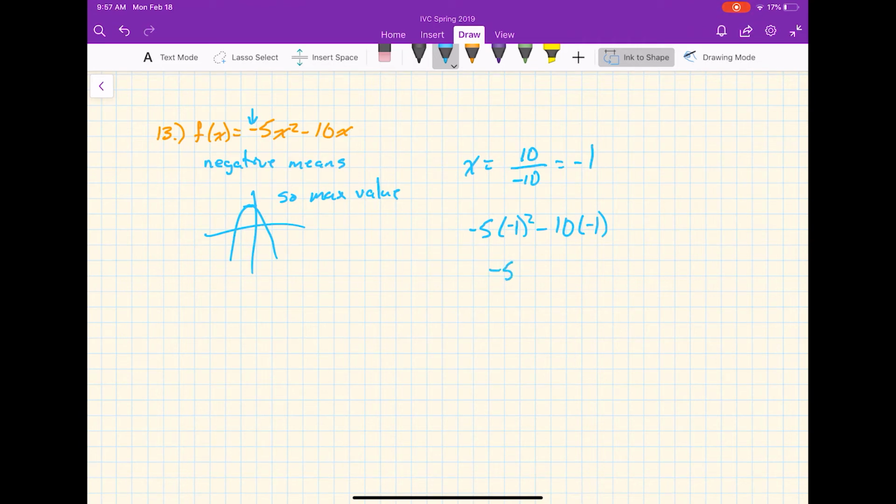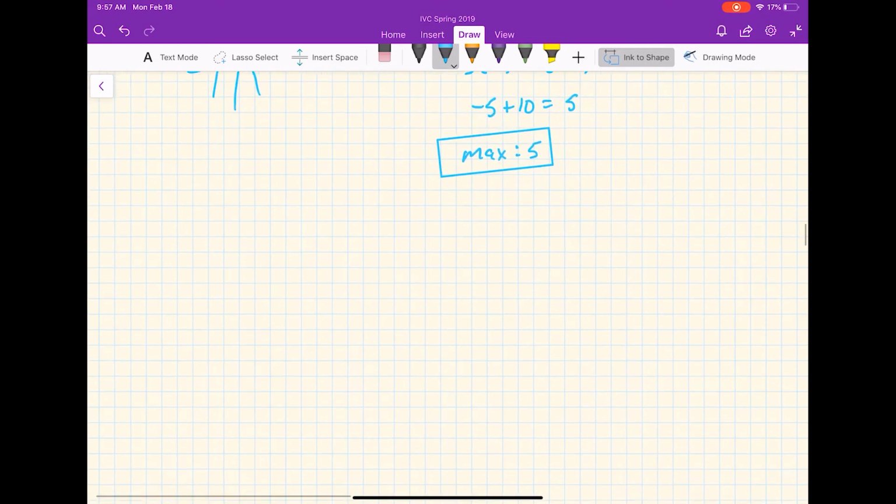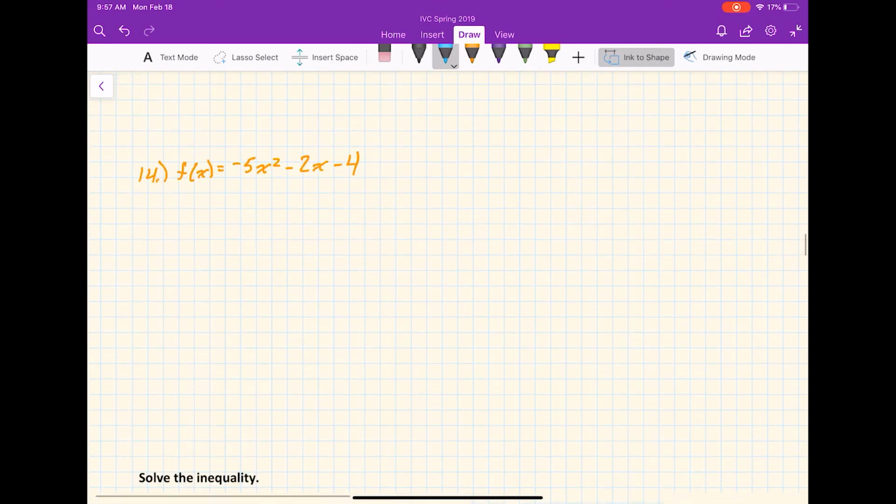So negative 5 times negative 1, or actually it's going to be times positive 1, negative 5 plus 10 is going to be equal to 5. So our max value is going to be 5. Kind of actually close to what I sketched there, just throwing it out there.